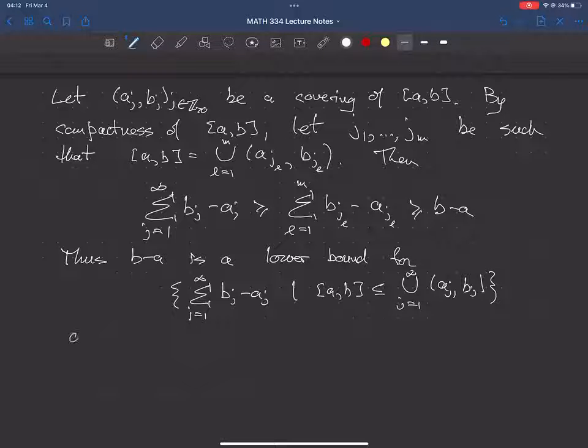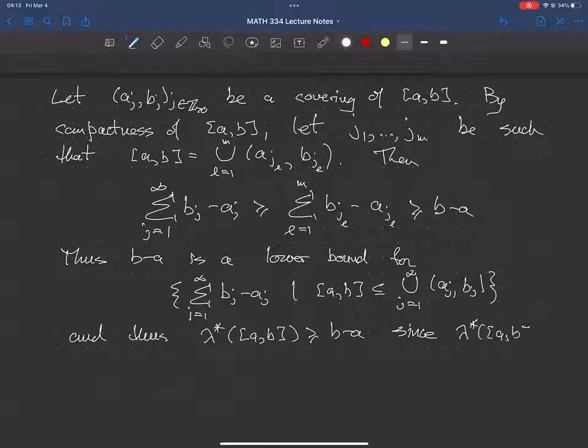And therefore lambda star of [a,b] is greater than or equal to b minus a, since lambda star of [a,b] is the greatest lower bound.